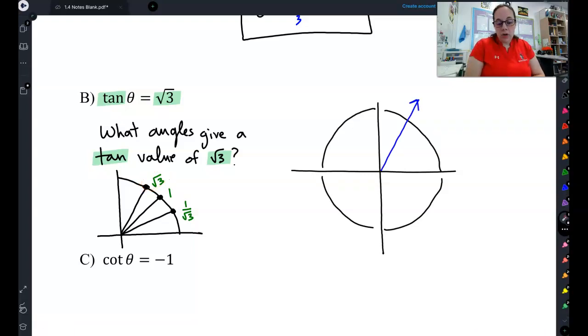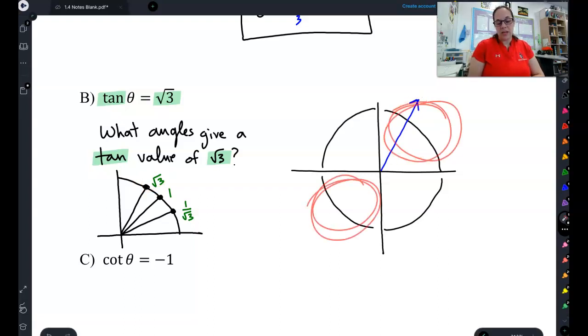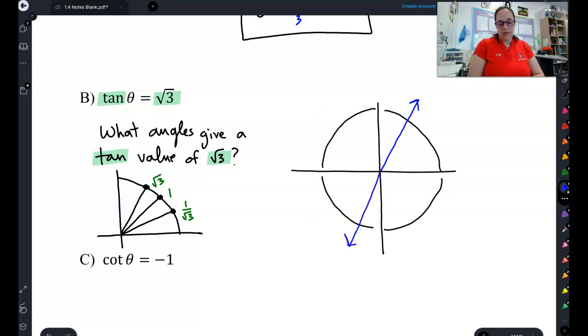That's one of my root 3's. Now I also want the other positive root 3. Remember, tangent is positive in this quadrant and in this quadrant. In these two quadrants, it's negative. So what I want to do is take this point and reflect it across, and that one will also have a tangent value of root 3. So what angles are these?